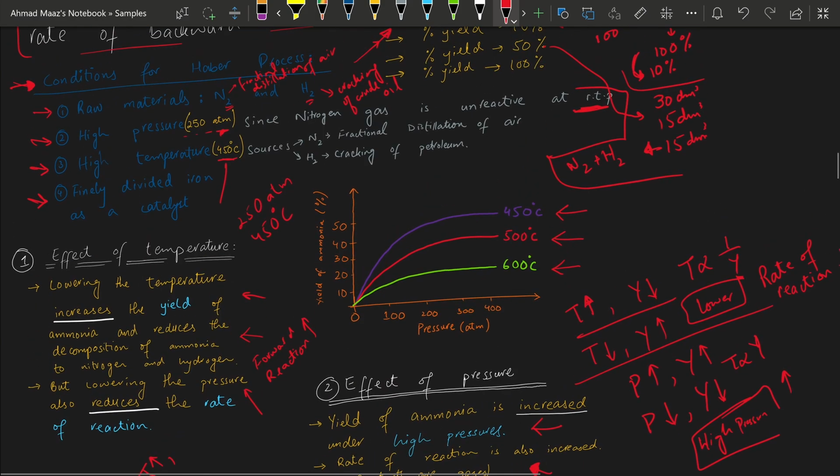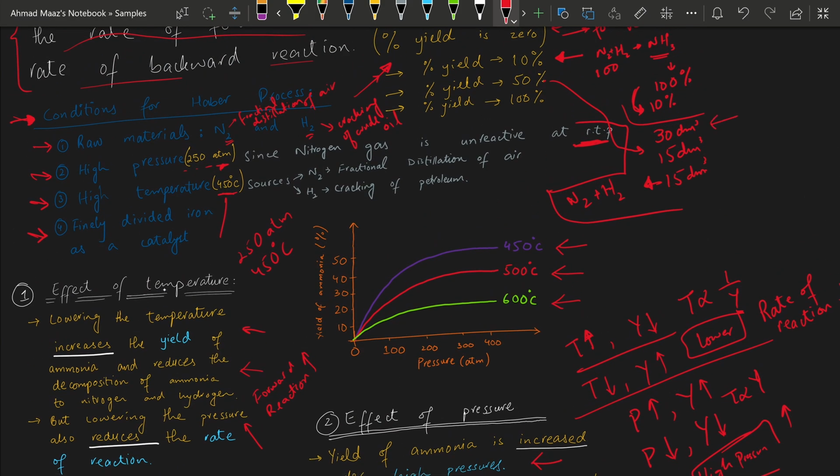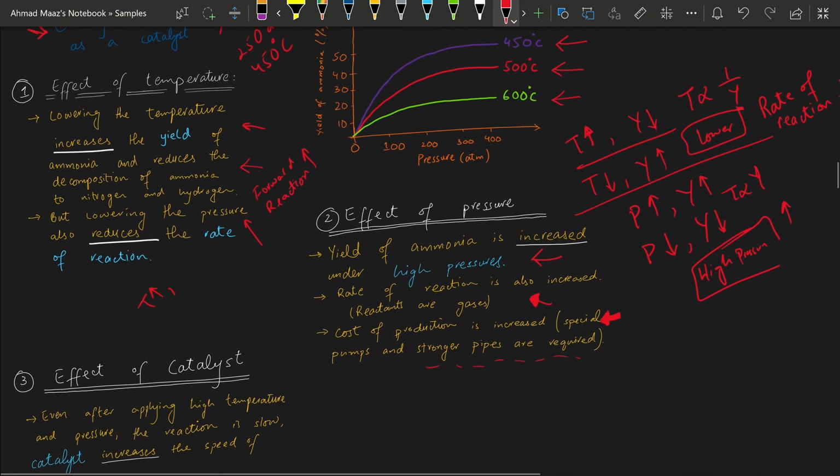A yield of 50% means that out of 30 decimeter cube, 15 decimeter cube of ammonia is being produced. The rest, 15, is again being converted into nitrogen and hydrogen gas, whereas the rate of reaction means the speed of the reaction, how quickly the reactants are being converted into products.